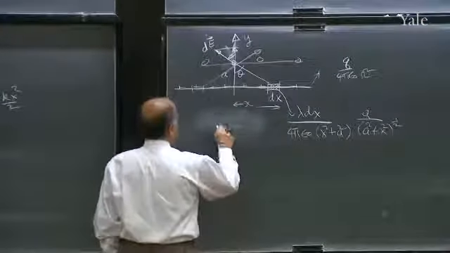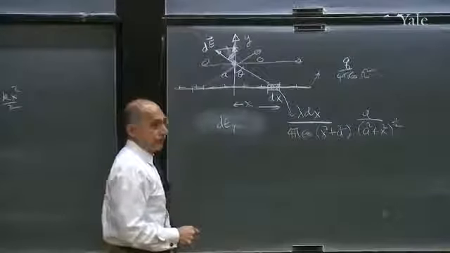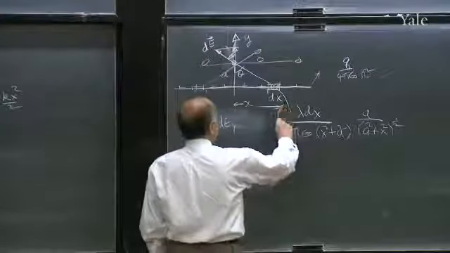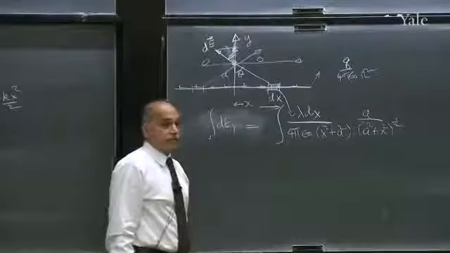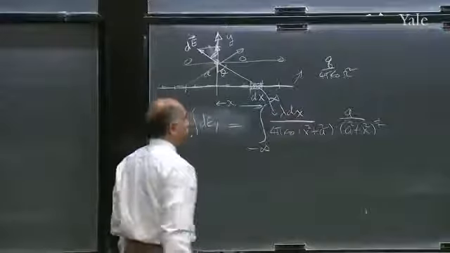So this is the electric field in the y direction. I'm going to call it dE in the y direction due to the segment dx. The total electric field is obtained by adding all the dEs, or adding all the contributions from all the segments on this line, and that goes from minus infinity to plus infinity.